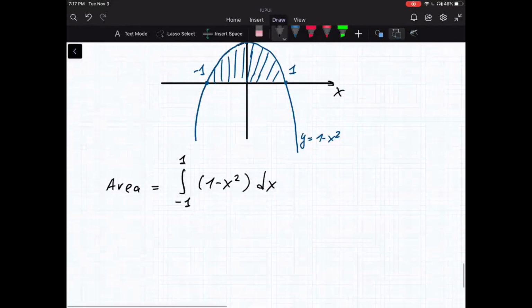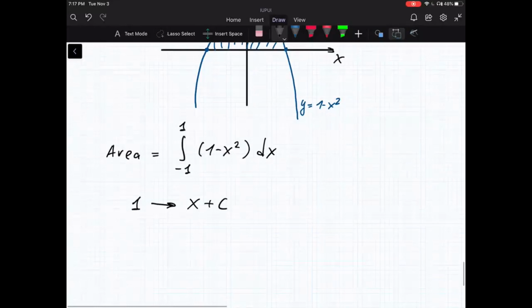And we also discussed how to find the antiderivative for any polynomial. And so the antiderivative of 1 is just x plus some constant, while the antiderivative for x squared is x cubed over 3.